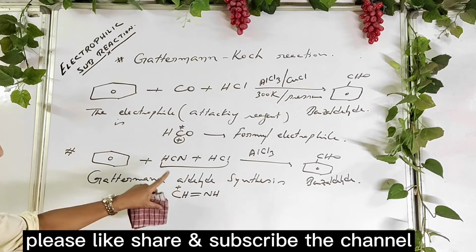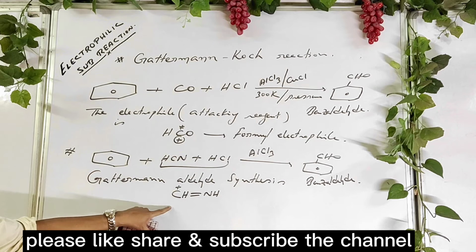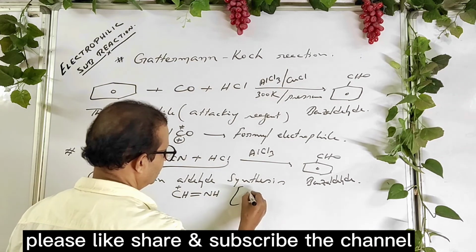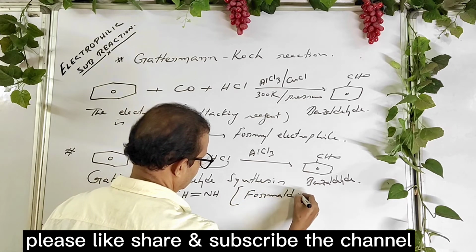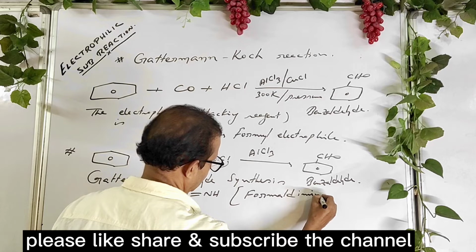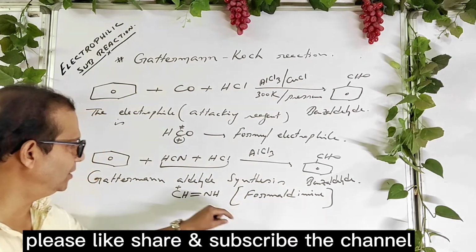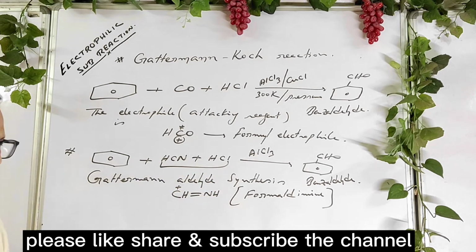Remember directly, this is the attacking reagent or electrophile in this reaction. And it is called formaldimine. This is the imine. It comes from formaldehyde, that's why it is called formaldimine.